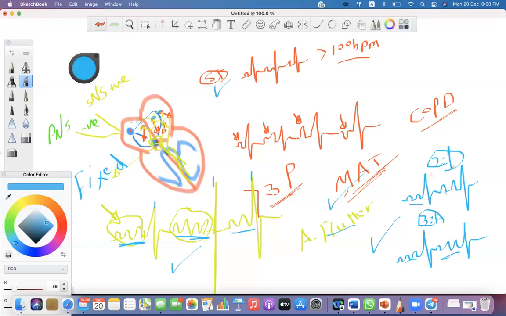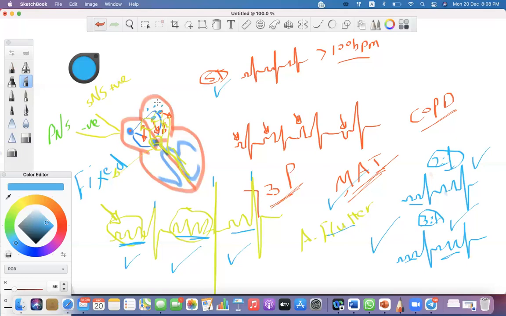And this multiple atrial activity can be conducted with a fixed ratio through the AV node, producing a 2 to 1 or 3 to 1 regular atrial flutter, or may be conducted variably, producing an irregular sawtooth pattern of atrial flutter.